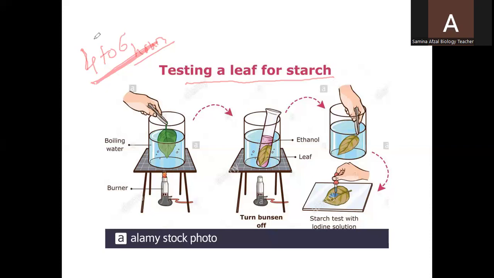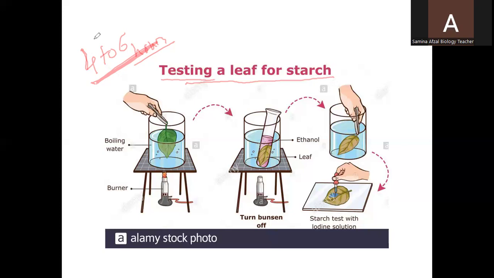So after 4 to 6 hours, it will be able to manufacture some starch. So we will go for a starch test. For this purpose, first of all, we will detach a leaf from the plant and dip it into boiling water.